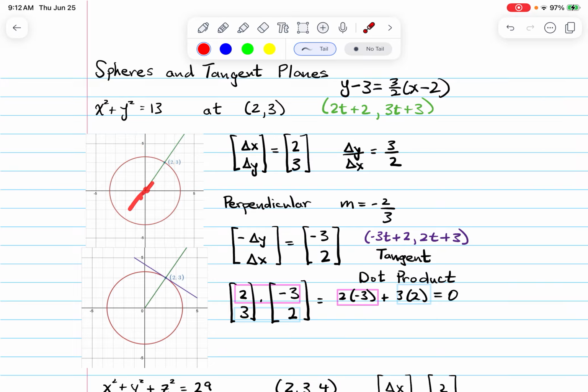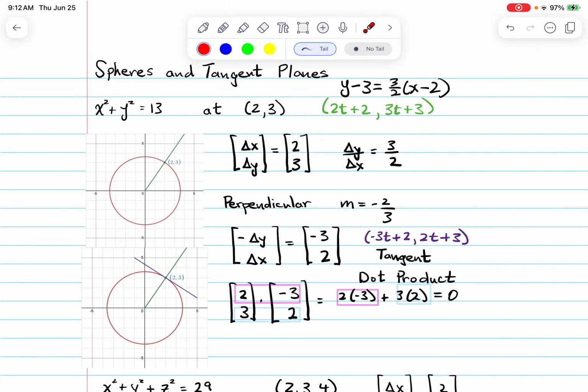So a line that passes through the center of the circle here is going to be perpendicular to a tangent. In other words, 90 degrees right there. Now, the way we get a perpendicular to a line is take the negative reciprocal. So our negative reciprocal for this is going to be negative 2 over 3, or 2 over negative 3, however you want to look at it.